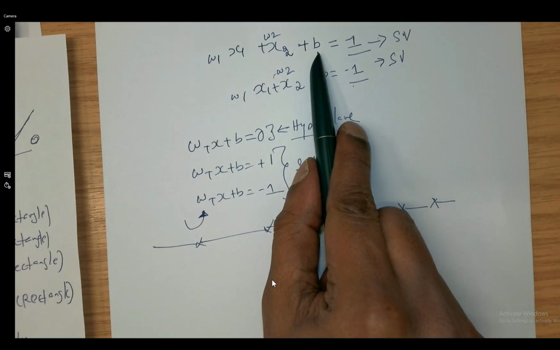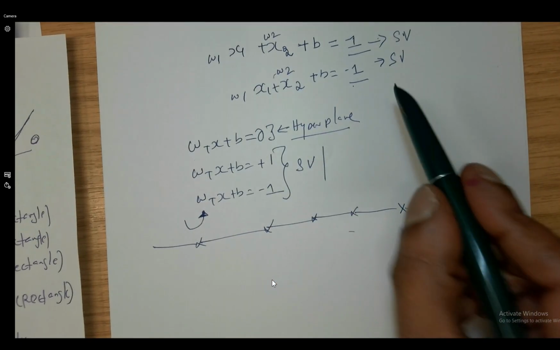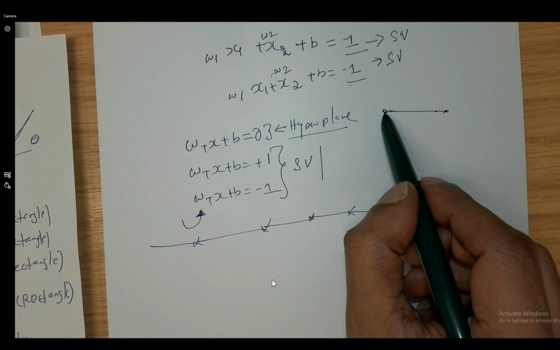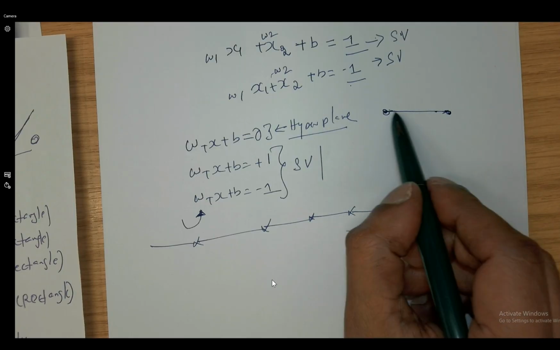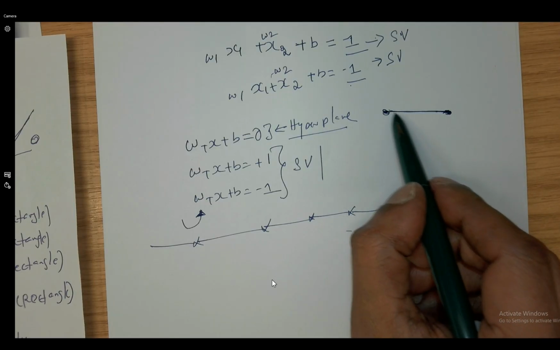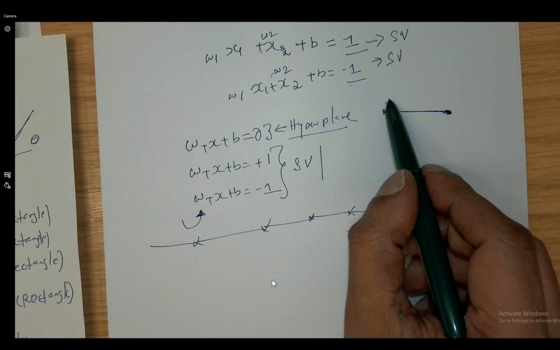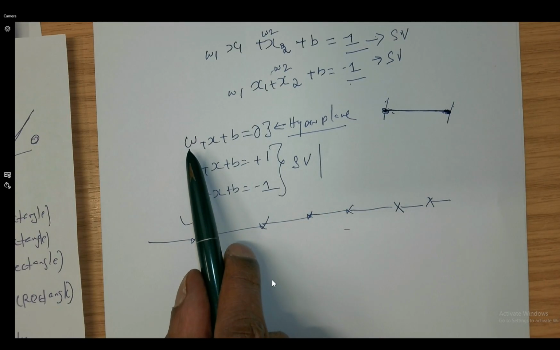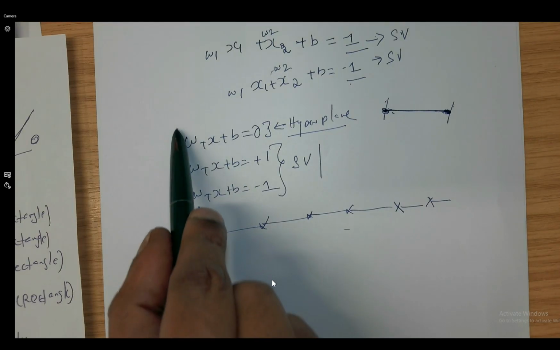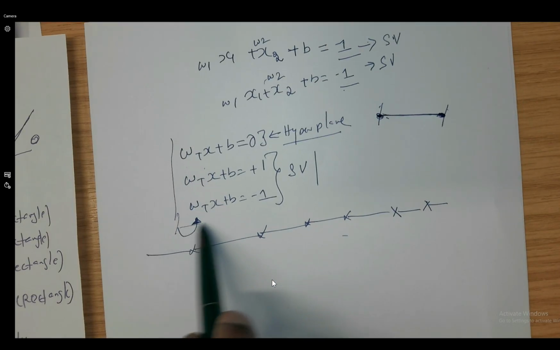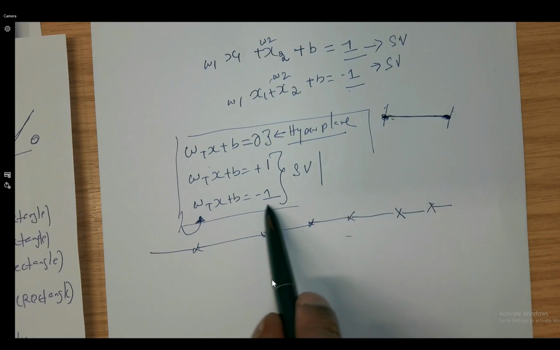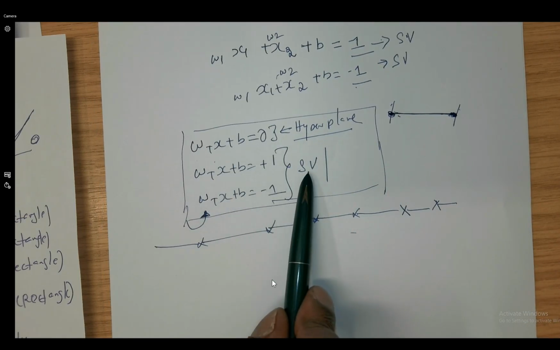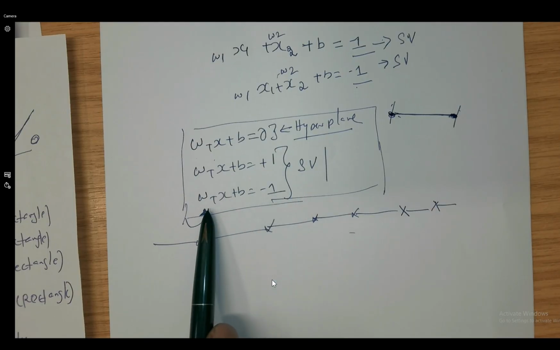And then we also identified b, and the two closest points that define the gap between group 1 and group 2. By solving the problem, we proved that these are the equations which correspond to the support vector machines.